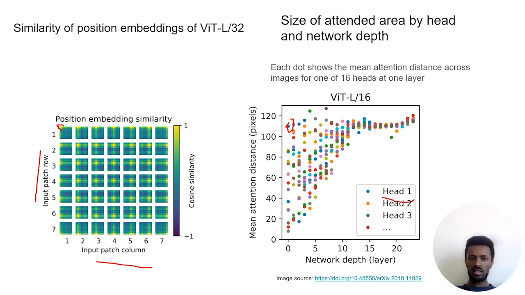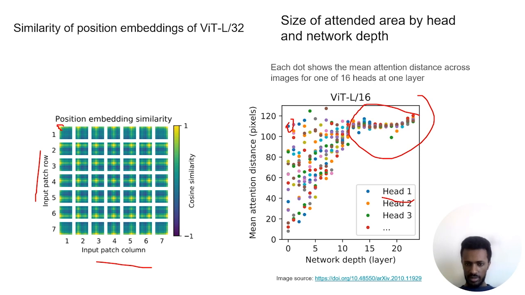Other attention heads consistently have small attention distances in the lowest layers, and this highly localized attention is less pronounced in hybrid ResNets. And if we go even higher in the network depth, we can see most of the attention heads attain a greater distance.